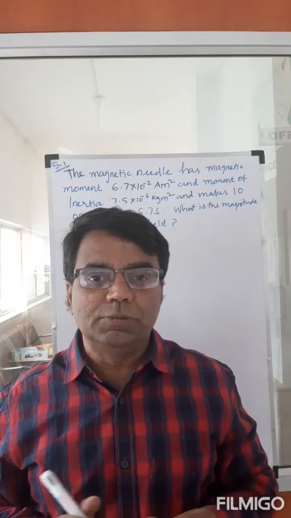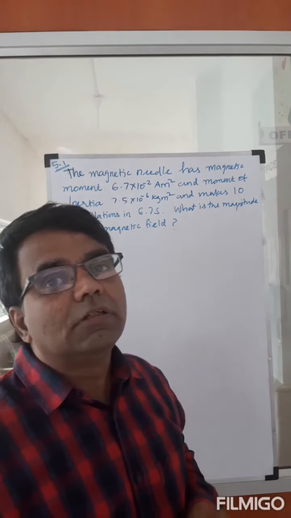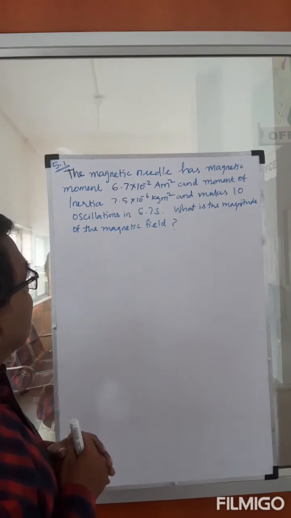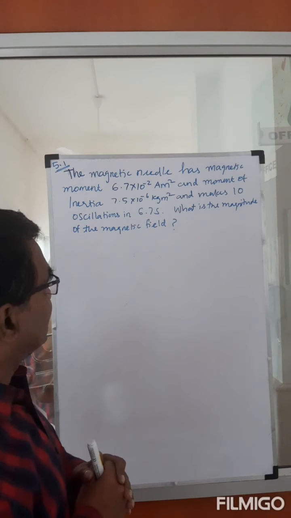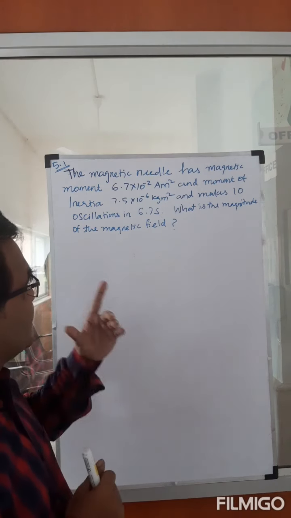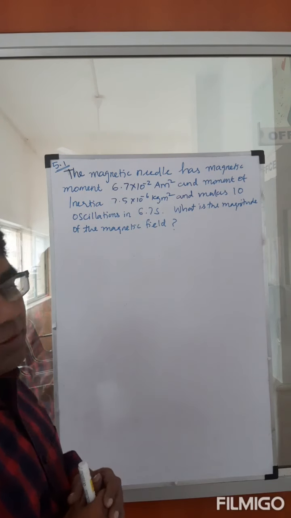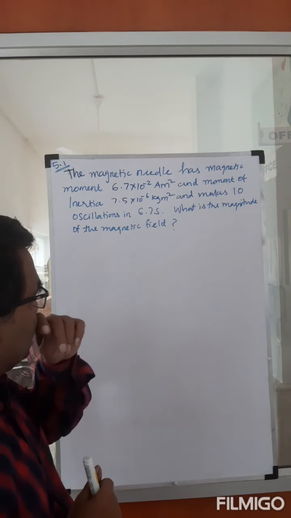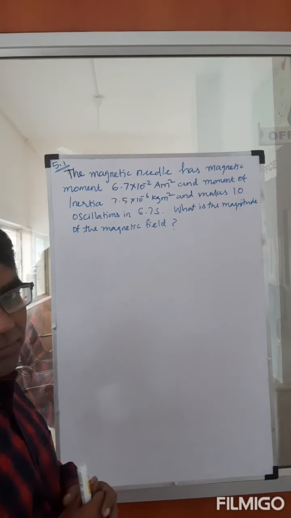Okay, now let's do the example problem 5.1. Let me read it first. The magnetic needle has magnetic moment 6.7 into 10 power minus 2 ampere meter squared and moment of inertia 7.5 into 10 power minus 6 kilogram meter squared, and makes 10 oscillations in 6.7 seconds.